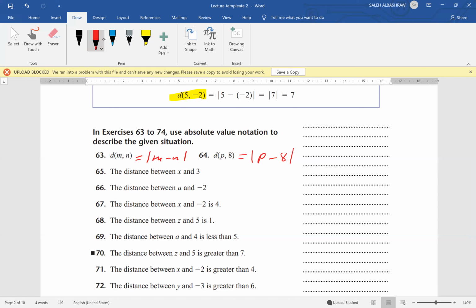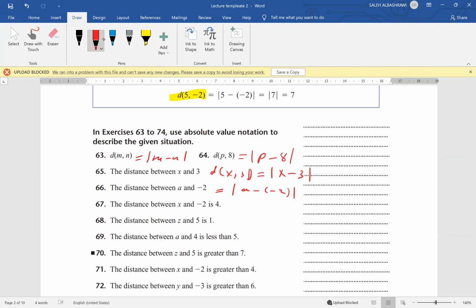Number 65, the distance between X and 3 is D of X and 3, which is equal to the absolute value of X minus 3. Number 66, the distance between A and minus 2 can be written as the absolute value of A minus minus 2.